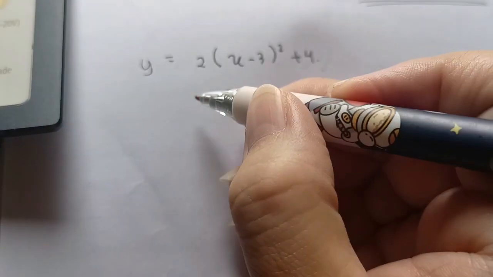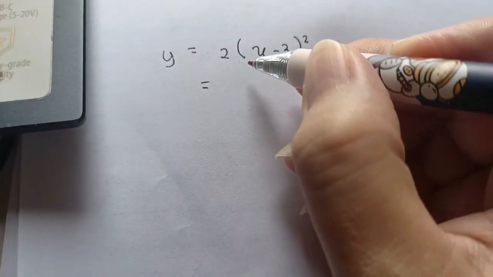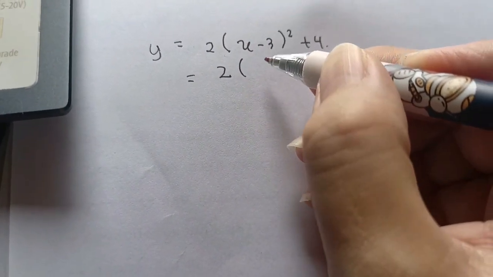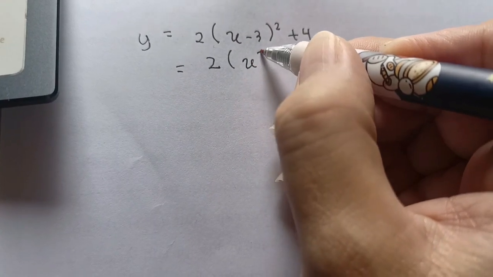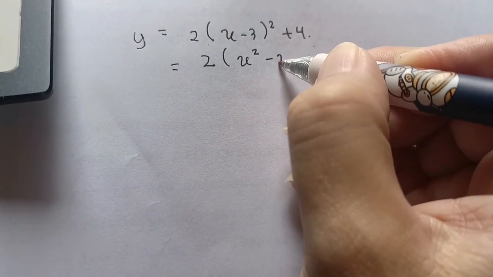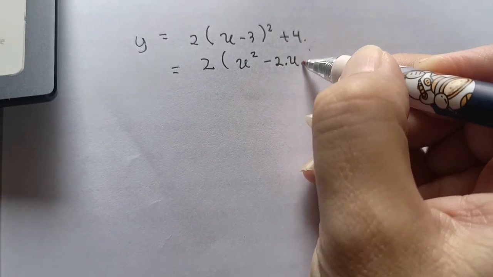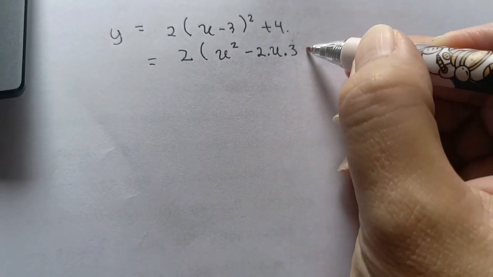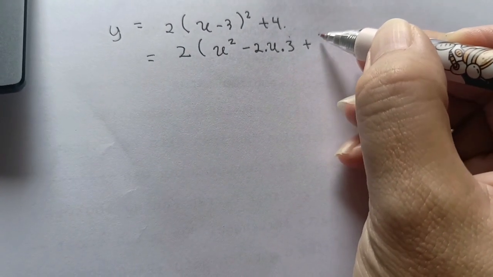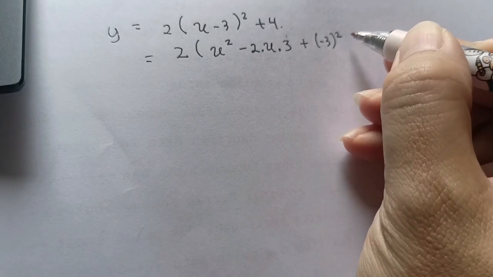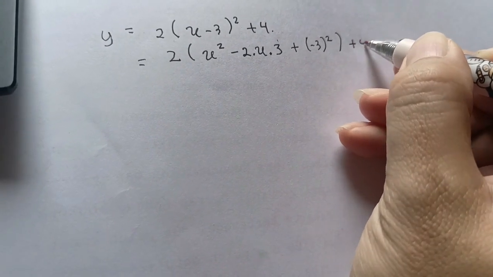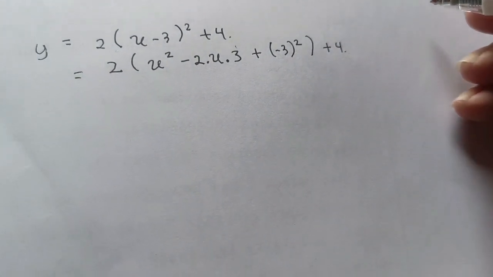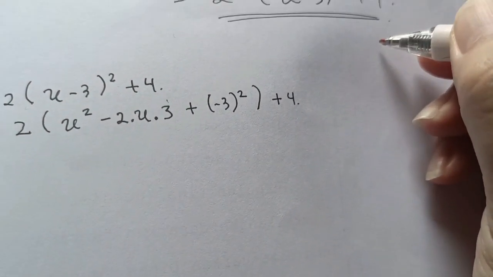All you have to do just do like this. As I mentioned yesterday, for this one, it is very simple. It is x quadrat minus 2 multiply x multiply 3, because this is minus already, plus minus 3 quadrat, plus 4, because according to the formula, like this, right?